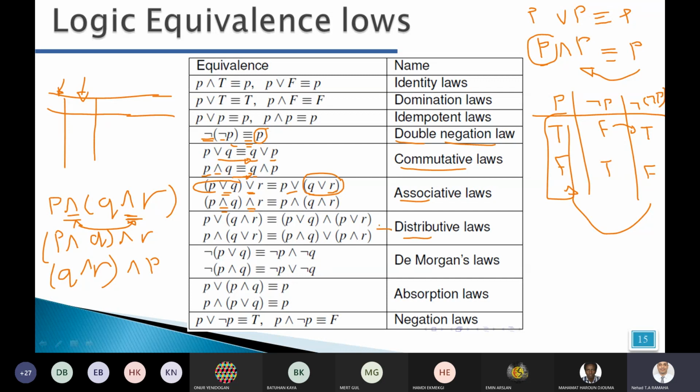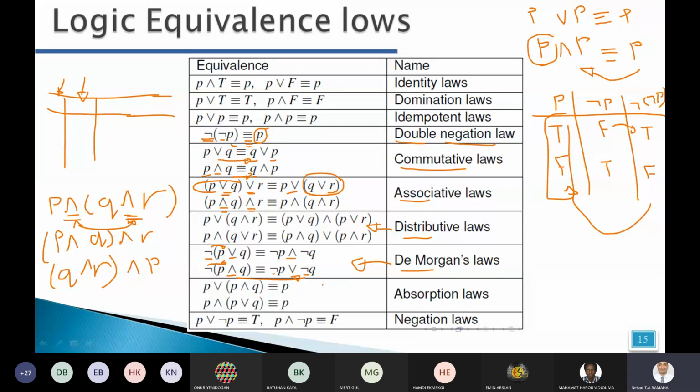Distributive law, I think we already mentioned it. De Morgan law, we already mentioned it. You can distribute this not operator over the or and over the and, but or becomes and after distributing this not, and and becomes or after distributing this not operator.